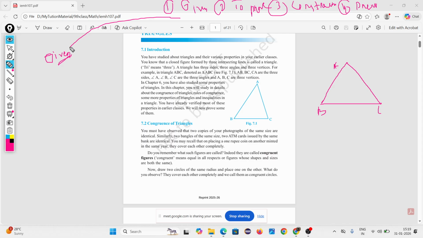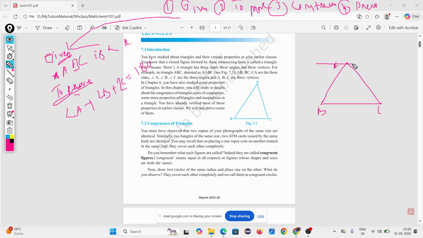Number one, given: triangle ABC is a triangle. To prove: the sum of the interior angles, that means angle A plus angle B plus angle C equals 180 degrees. Then construction is required.